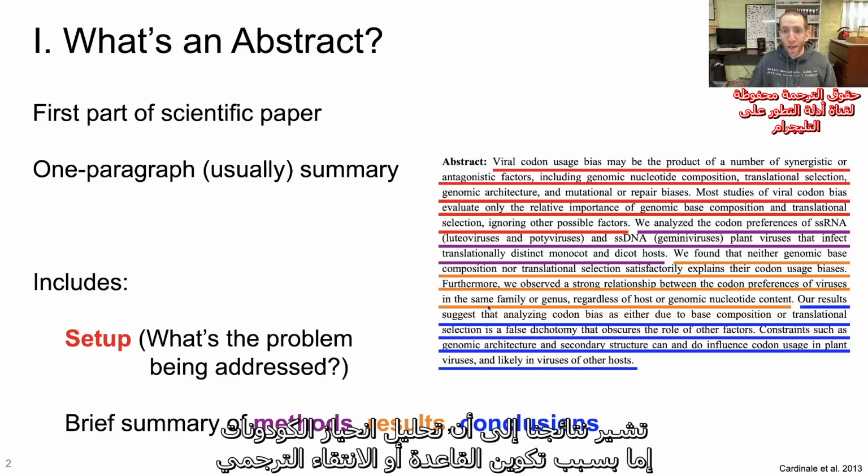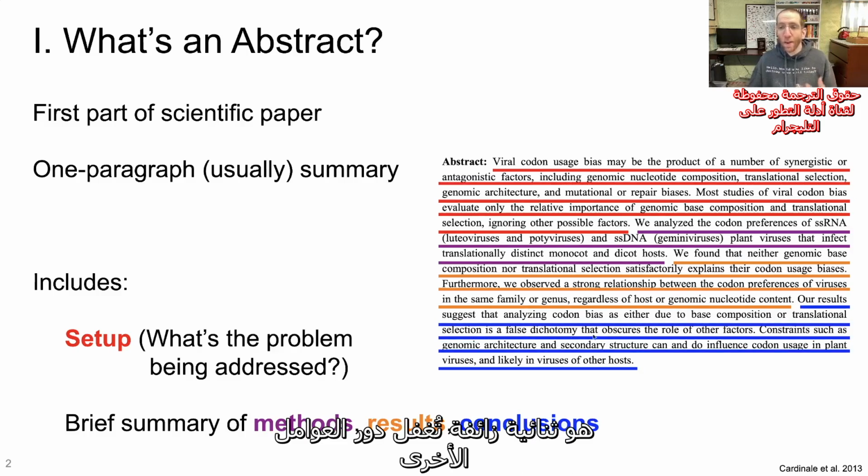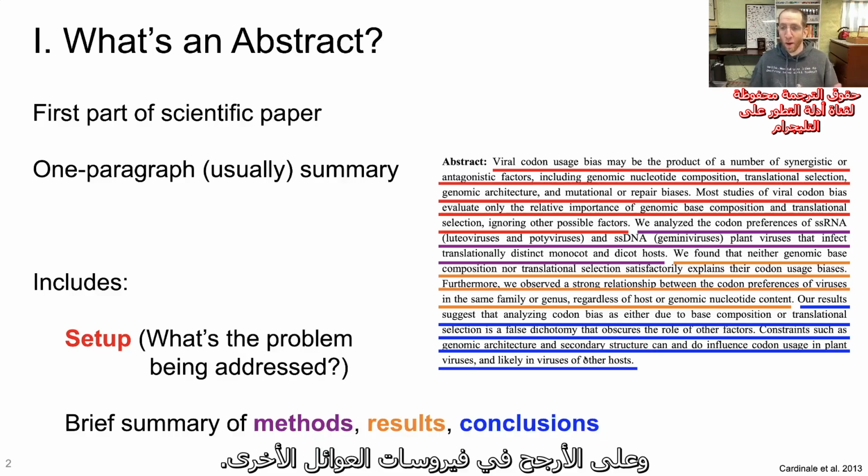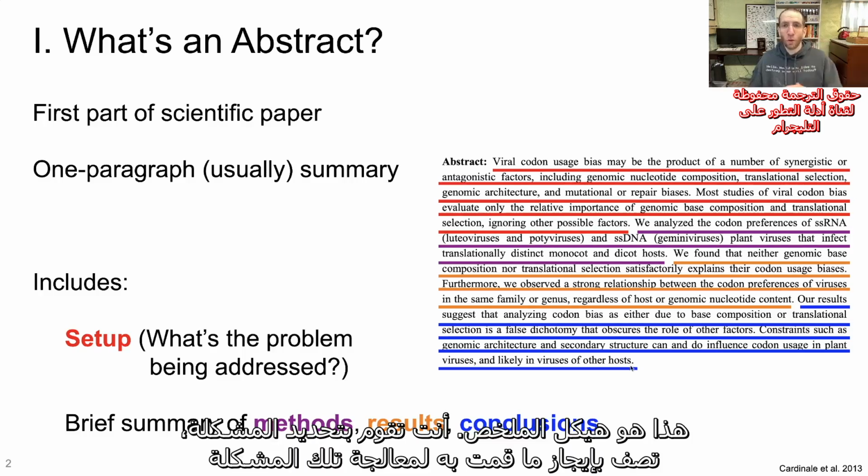Our results suggest that analyzing codon bias as either due to base composition or translational selection is a false dichotomy that obscures the role of other factors. Constraints such as genomic architecture and secondary structure can and do influence codon usage in plant viruses and likely in viruses of other hosts. So this is the structure of an abstract.